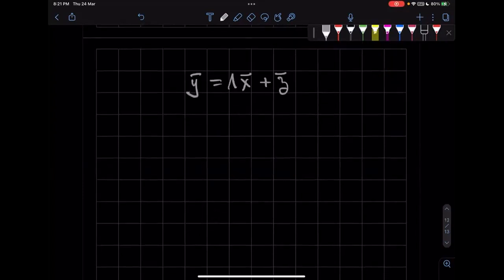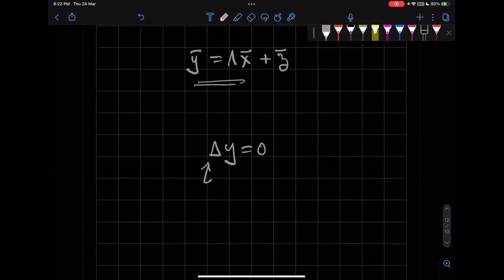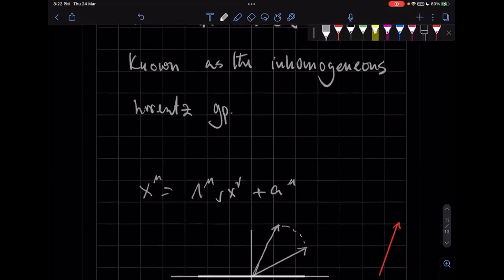It's like when you have a wave equation, this is your wave operator, this is called homogeneous. When we have a source, we call it inhomogeneous. Exactly. So here, because we have this term, this is quote unquote a source.